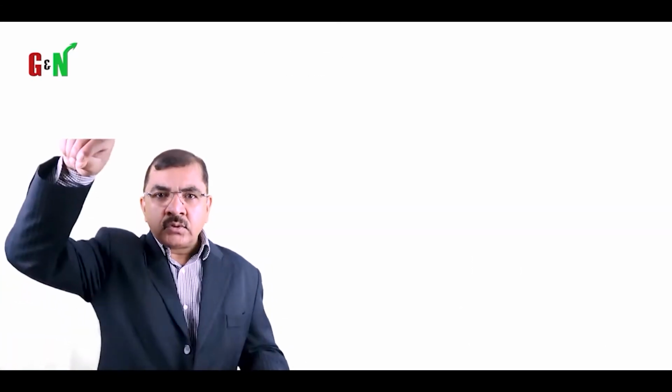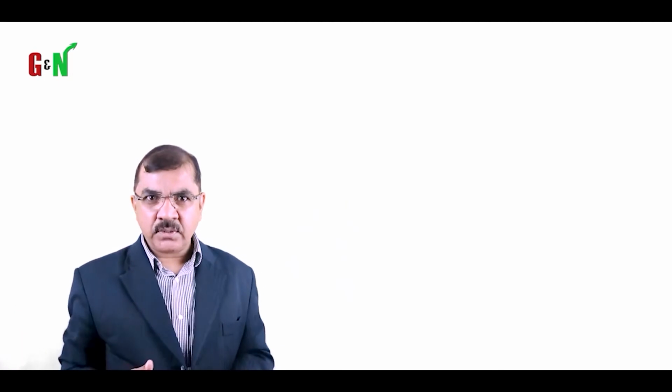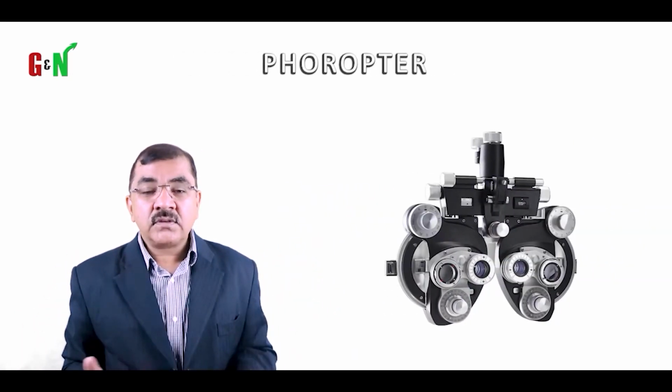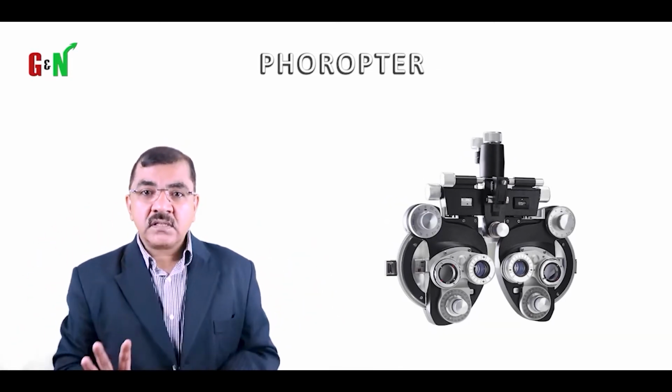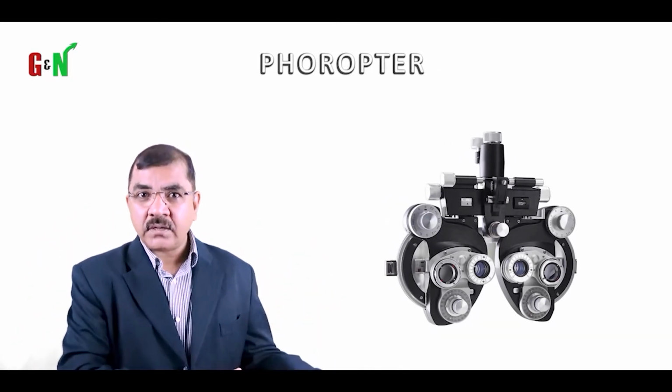And what else? If it is attached to the chair unit and you have two different bulbs, as you can see in the picture, that will be the phoropter. What is a phoropter? The phoropter automatically has these lenses attached to it. You don't need a separate lens tray.